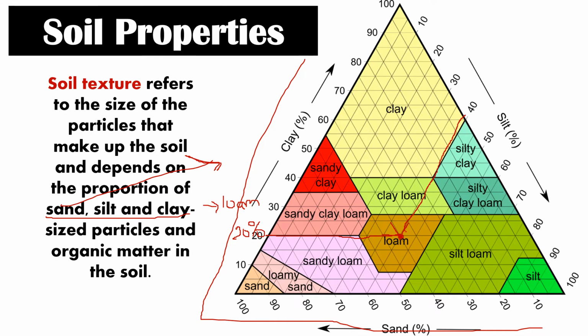So in here, at this point, we can say that 40% is silt. And yung diagonal inclined to the left represent naman the sand. So in here, susundan mo lang yan. So 40% is sand. So that is how you use the soil texture triangle.